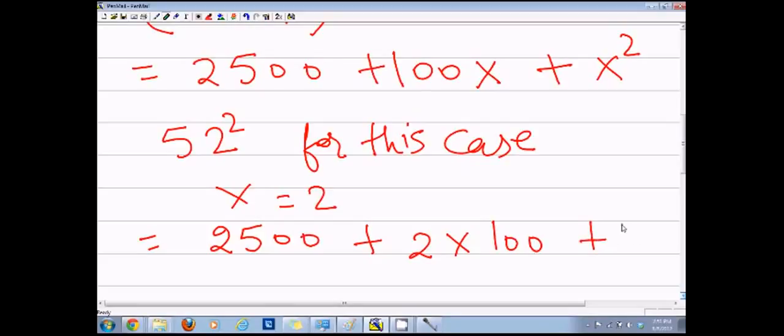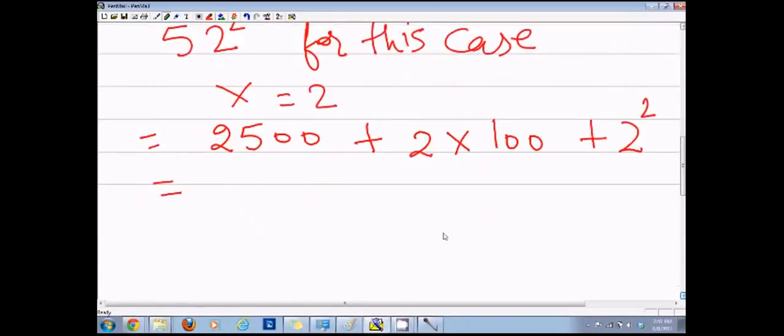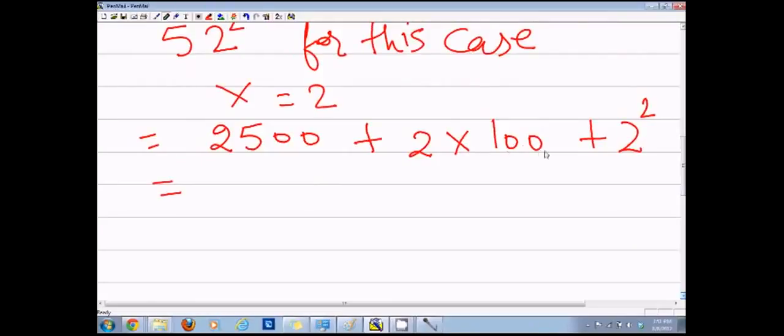And you can see, because 2 is at the hundredth place, this 2 will be added to 5, and then this 2 squared is at one's place, first place, so it will come up on the last digit.